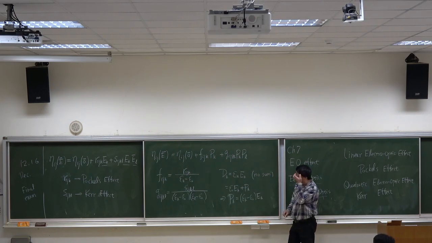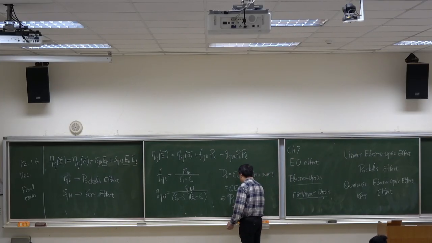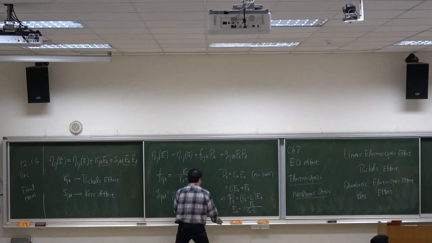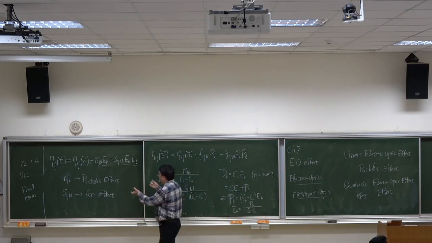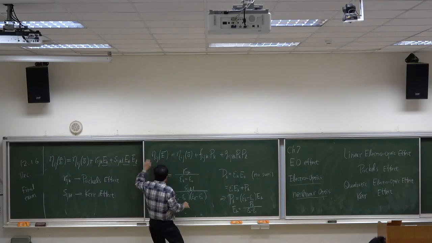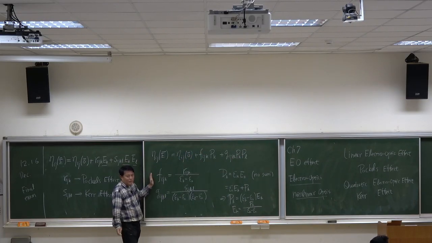Okay, so you can also write Ek as Dk over epsilon k minus epsilon 0. So you just substitute this expression here, then identify the result as this result, then you get these two relations.